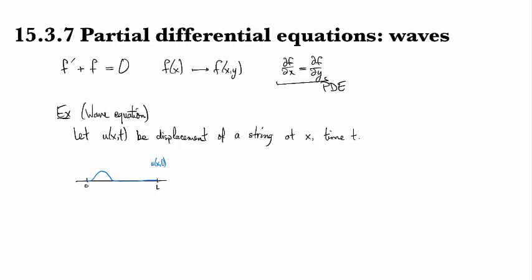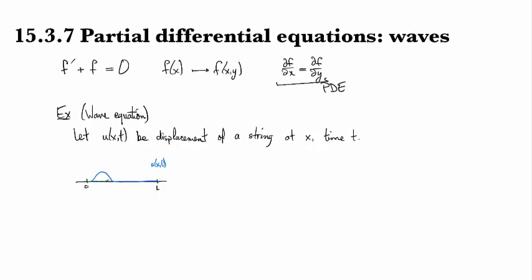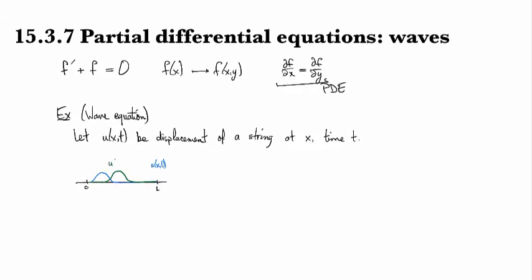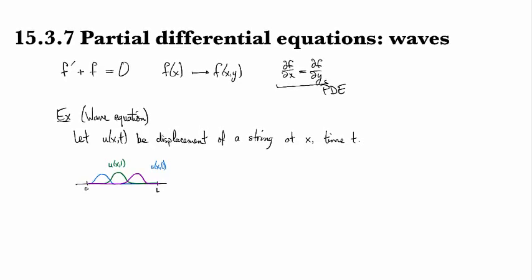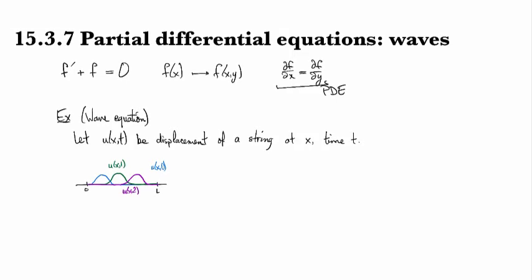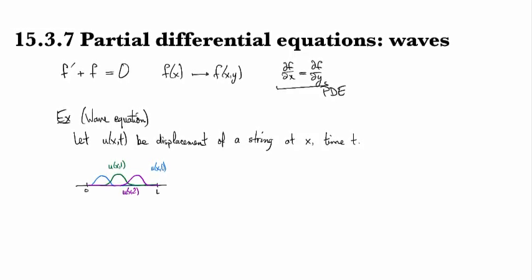Then if we wait a second and the wave has traveled along, we have something more like this, the graph of u at time 1. Further in time, it's come down to here, that's u at time 2, and so on. These are just different time slices of this particular function.